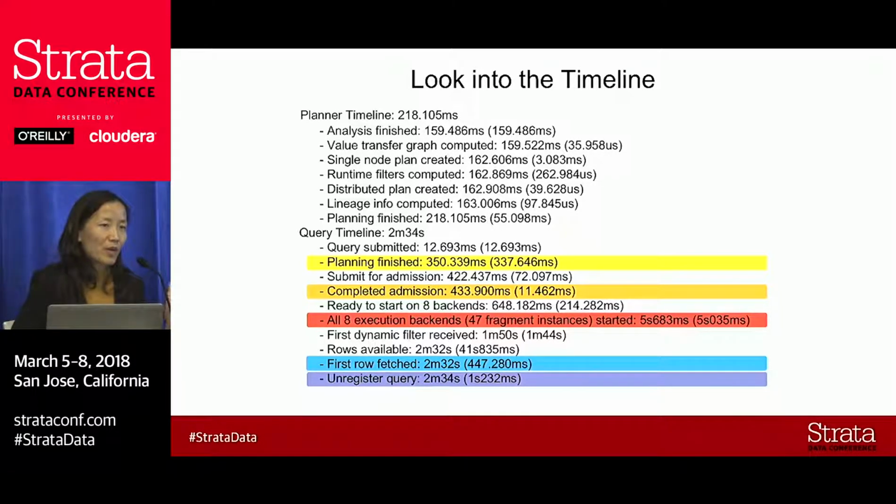The cost comes from the memory usage and network usage. I'll provide the formula later. You can see how the Impala planner adjusts the join order based on those cost estimations.